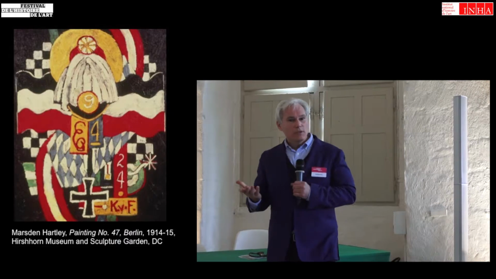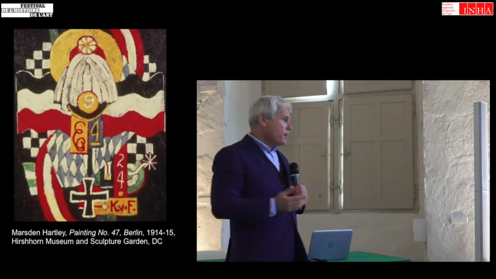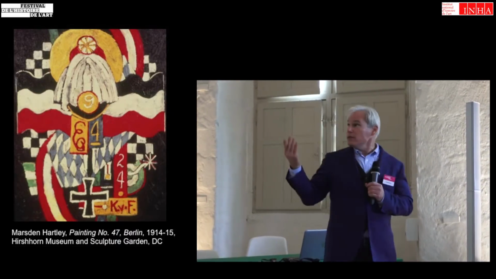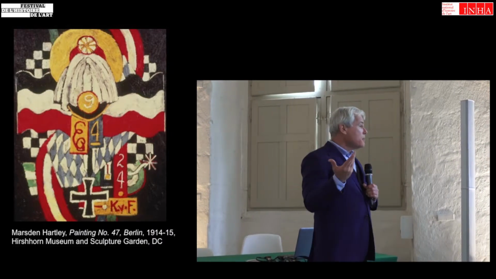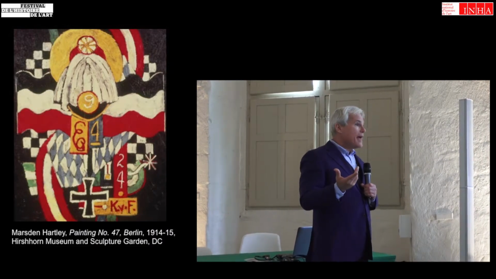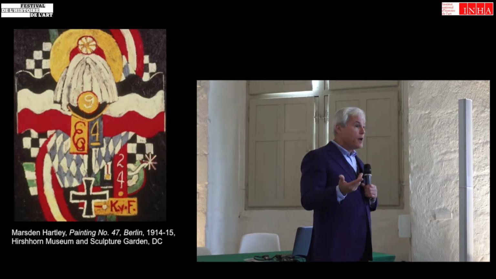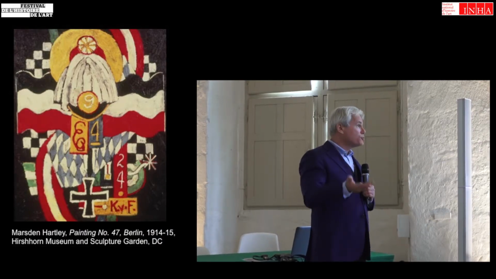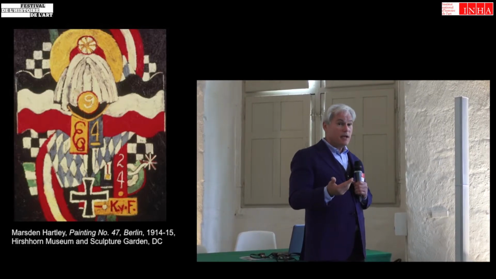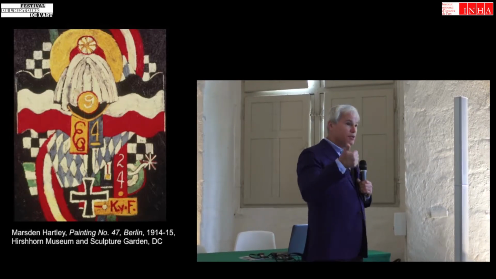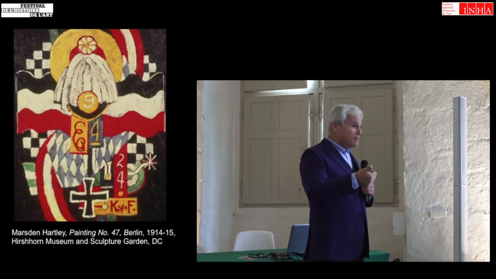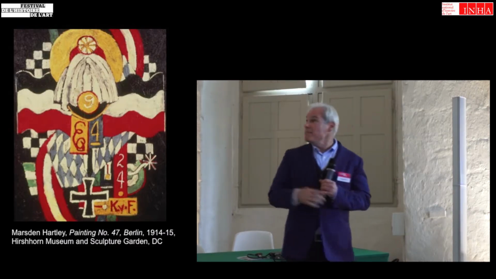What I wasn't told was what we now know, which was that Marsden Hartley was in love with a German officer by the name of Karl von Freiberg, and Karl von Freiberg was killed in the opening battles of the First World War, posing a major problem emotionally for somebody like Marsden Hartley. How do you mourn a dead beloved who's not only a man, but an enemy combatant?